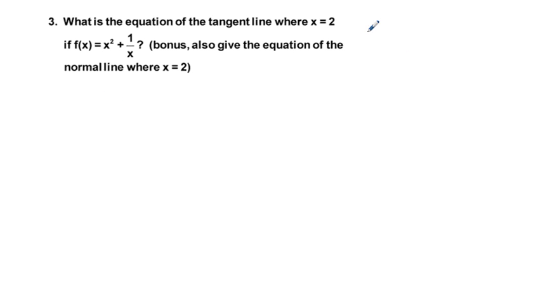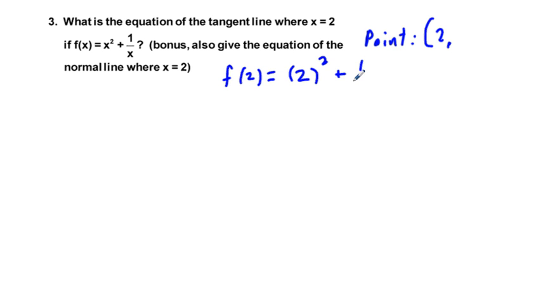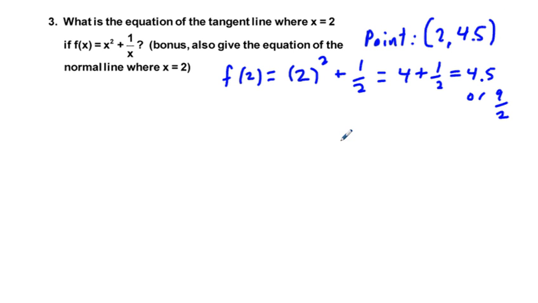We need to have a point, and the point is going to be 2, comma, and let's just plug in, f of 2 is equal to 2 squared plus 1 over 2, which equals 4 plus 1/2, and that's going to be 4.5, or we could write that as 9/2. Okay, so 4.5, that's our y coordinate.